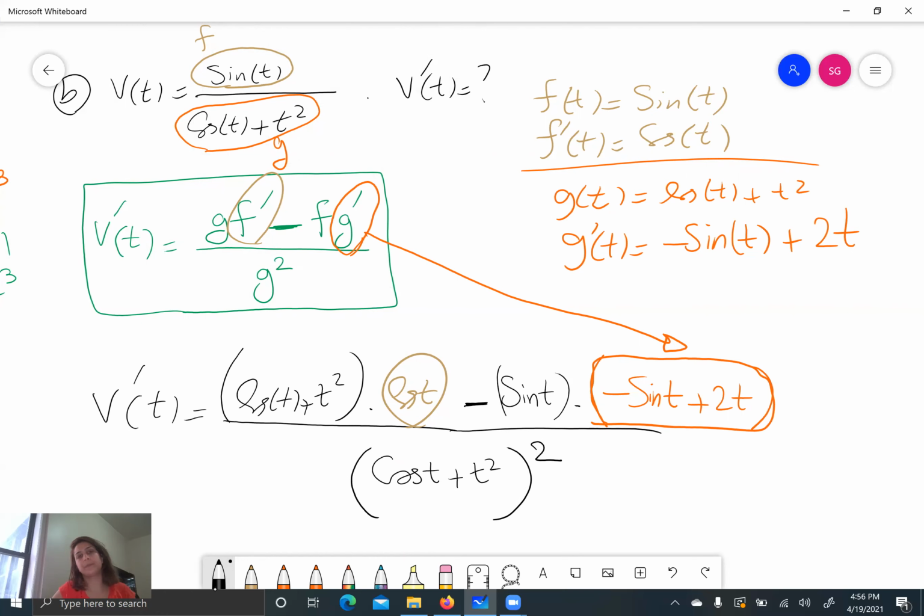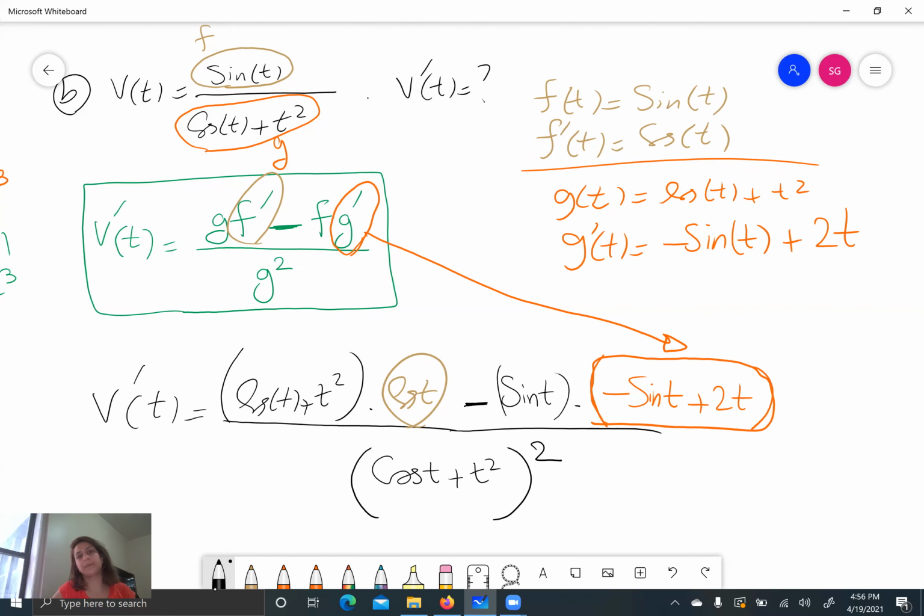If you like, you can distribute and simplify. Otherwise, that's the derivative. Let's look at this in the big picture. The quotient rule says g times f prime, which is right here, minus f times g prime, which is right here, and then over g squared. Not too hard, just follow the rule to take the quotient derivative.